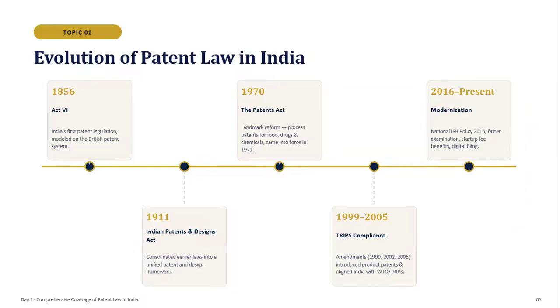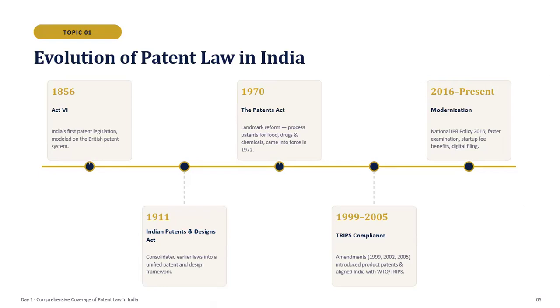Let us now look at the historical evolution of patent law in India. The development of Indian patent legislation can be traced back to 1856, when Act 6 represented India's early patent legislation and was modeled on the British patent system.